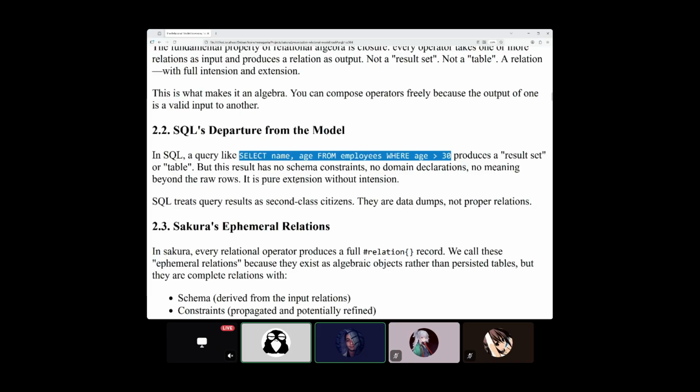Sorry, Maggot, to interrupt you. It's very important to say that yes, you can interpret the result of the select as the quote unquote result set, and you may say, even though it's not true, I can try to live in the illusion that it is.